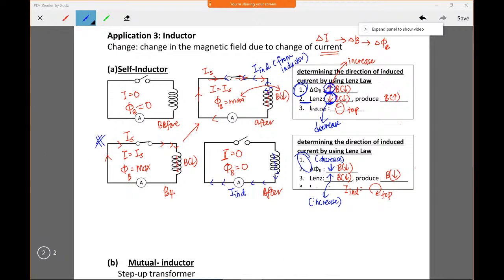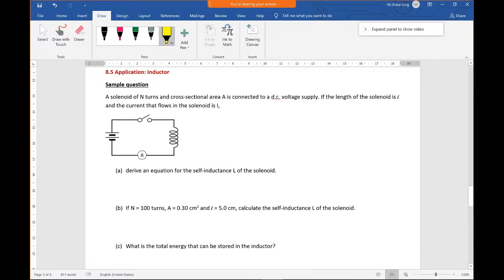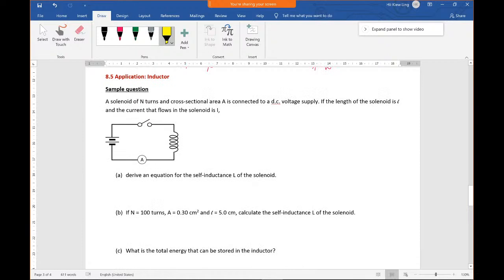So now let's look at your worksheet 8.5 about the inductor.